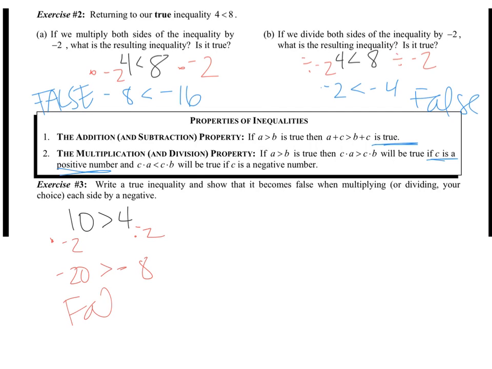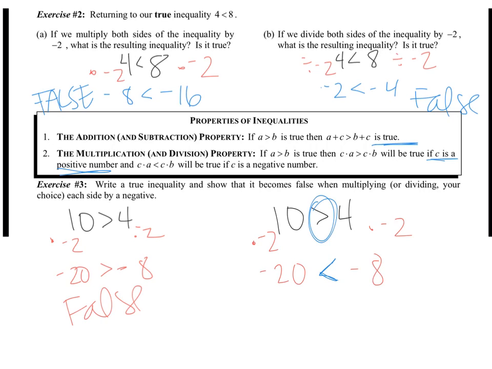That is false. So what you have to remember is if I am multiplying or dividing by a negative number, I have -20 and I have -8. What happens here is this has to switch directions in order for it to be true.